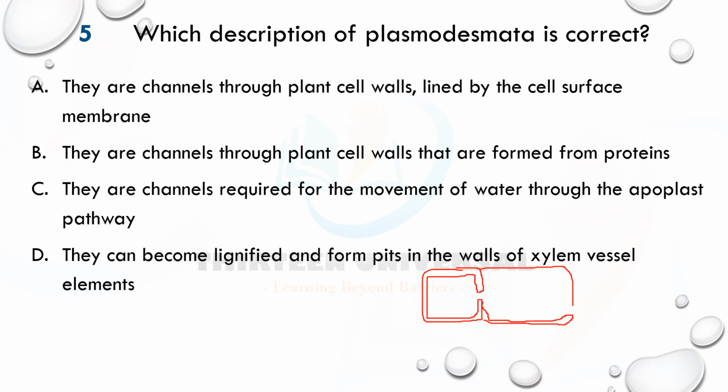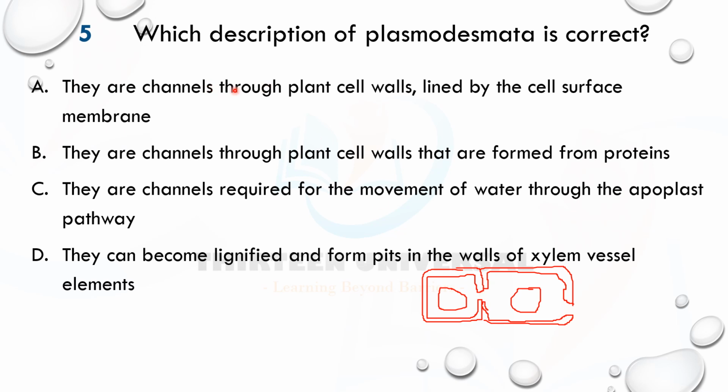My drawing tool is not stable, but I'm just trying to create a picture of what we're dealing with here. Of course there's always a vacuole here, I'm not interested in that, but watch here, guys. This is the plasmodesma. Here is the link between this cell and this cell. This gap here is the plasmodesma.